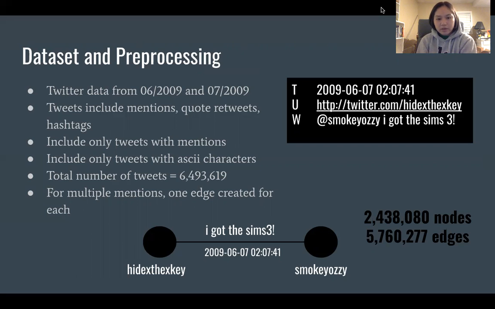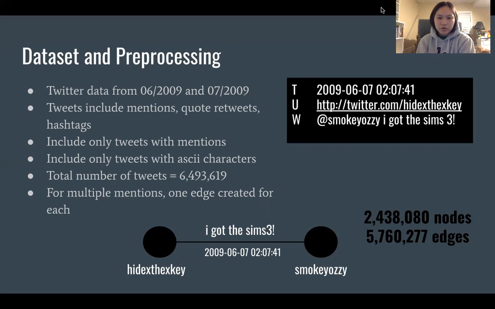The tweets include mentions, where a user directly replies to another user. It includes quote retweets, which include the phrase RT and then a copy and paste of a tweet from another user, and also the username of that user.